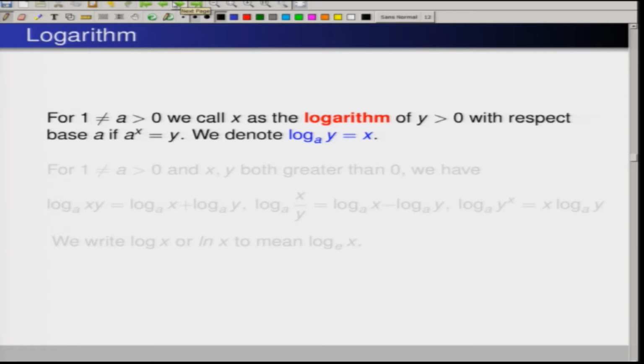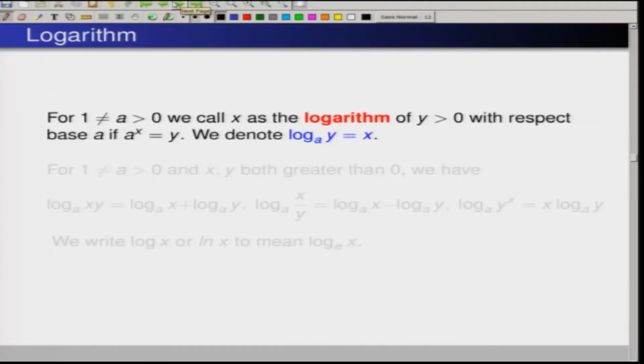Now, similarly, once we have this exponential function, we can define the logarithm, which in a sense we will see later is an inverse of this function. We will define what inverse is at a later stage. Now, if a is positive and not equal to 1, we call x the logarithm of y, y greater than 0, with respect to the base a.